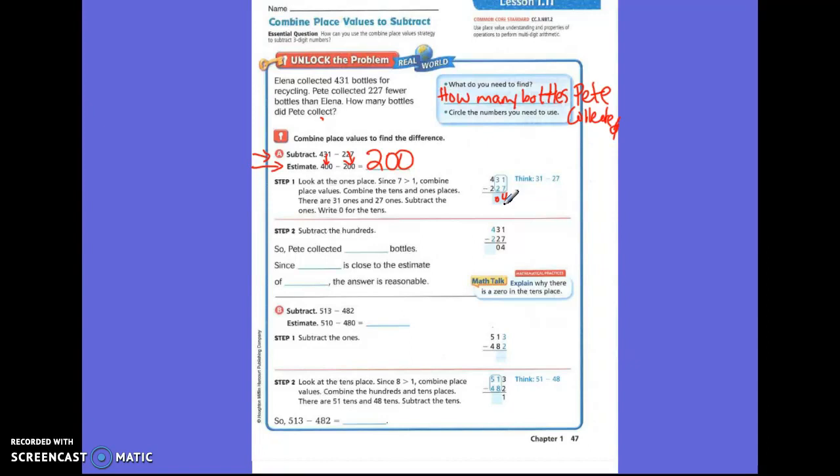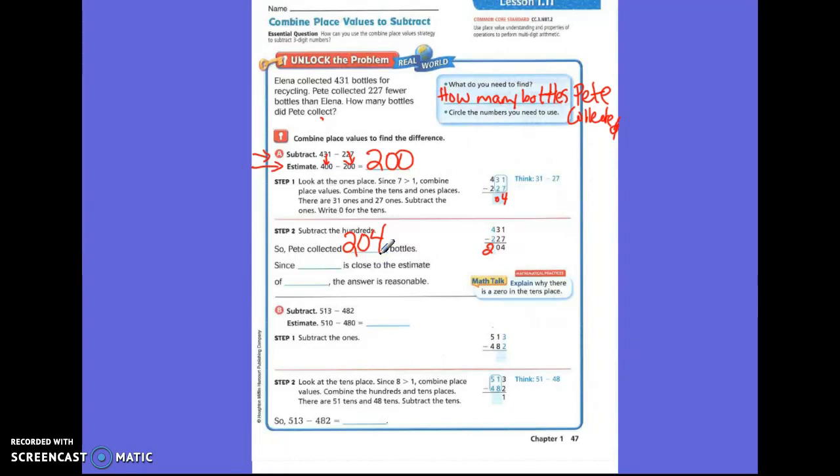So, now all we have to do is subtract the 100s because we already did the 10s and the 1s. So what's 4 minus 2, everybody? 2. Okay, so how many bottles did he collect? 204. Okay, and what do you think we'll do next?